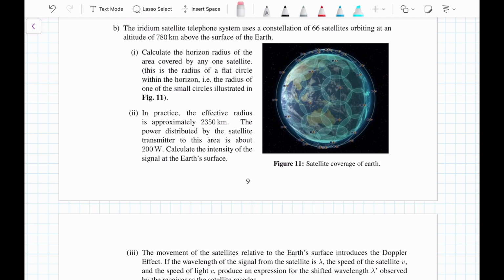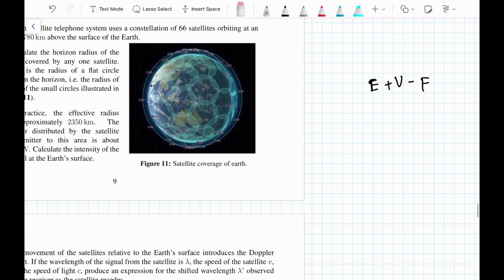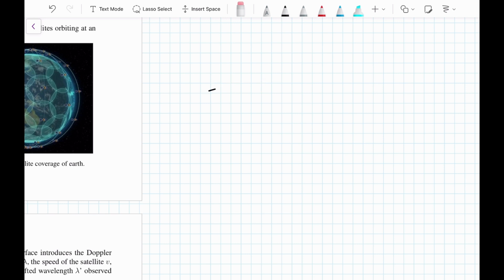So we want to calculate the radius of, I suppose, a horizontal circle that one of the satellites covers. Okay, so I think we can do something like this. Let me draw the diagram first.